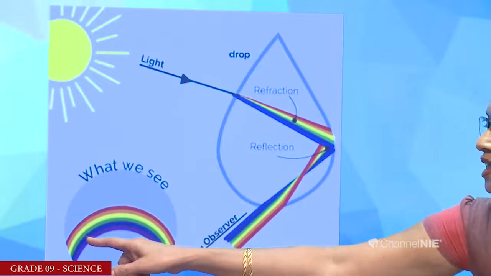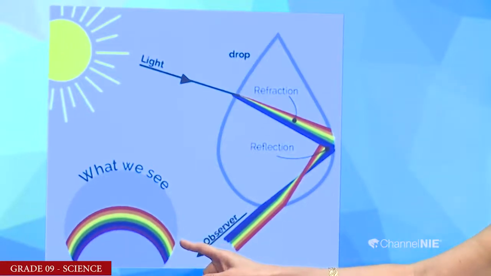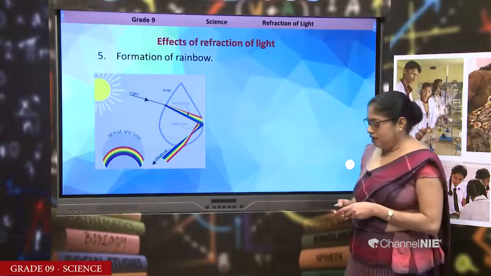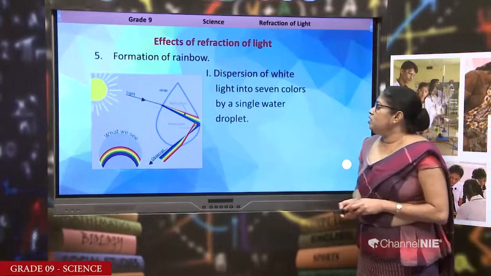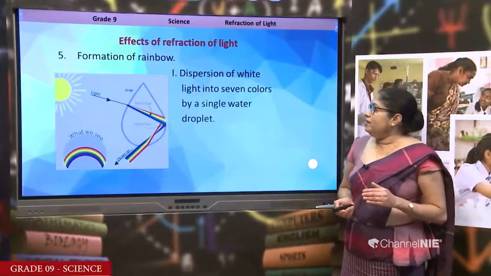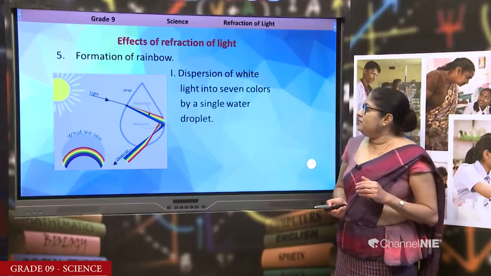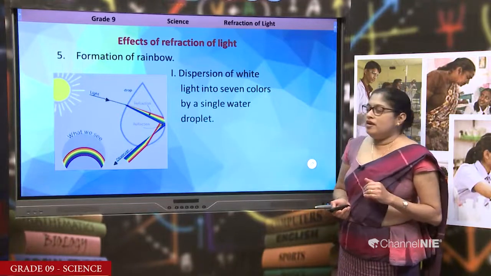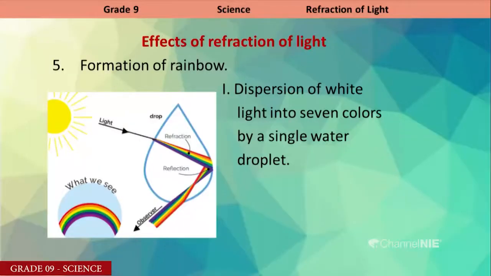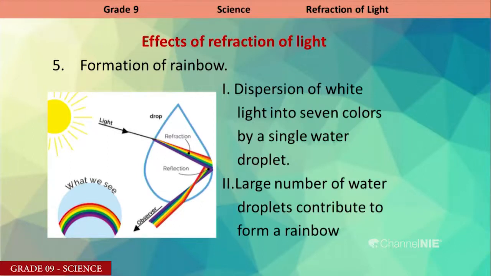This is what we see as the rainbow. Here light is dispersed into 7 colors by a single water droplet. Not only a single water droplet, a large number of water droplets contribute to form a rainbow.